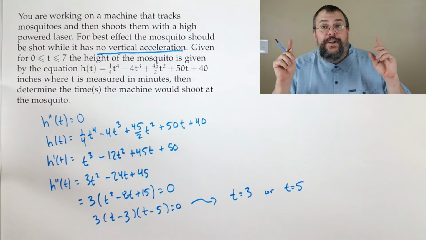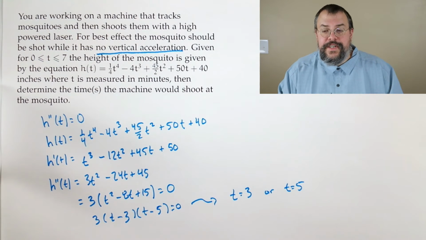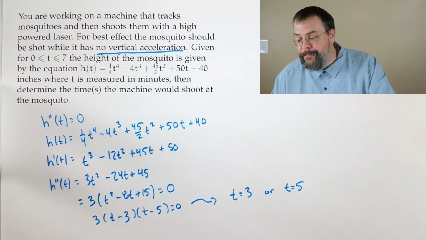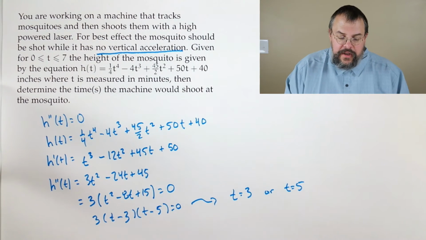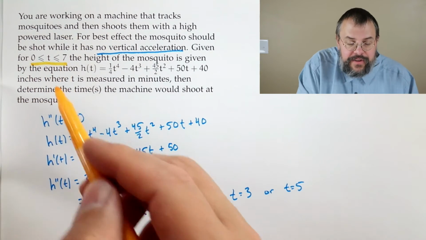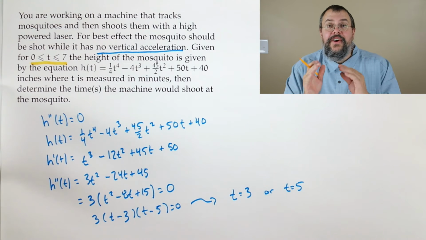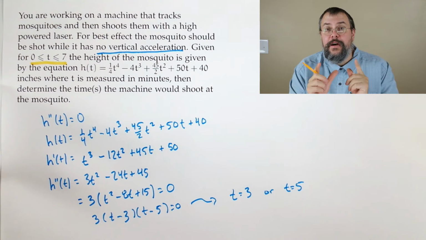Now, can we use either one? You might say, well, yeah, those are when the acceleration equals 0, but be careful. Why do I say be careful? Let's go back to the problem. You see there's this constraint. Time has to be between 0 and 7. So the only times we can use have to be somewhere between 0 and 7.